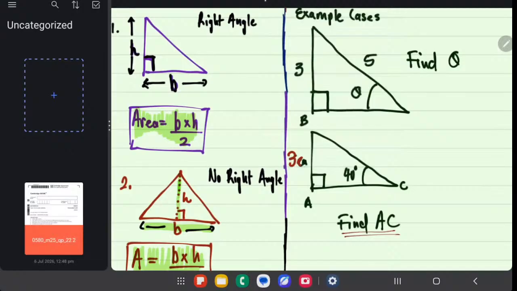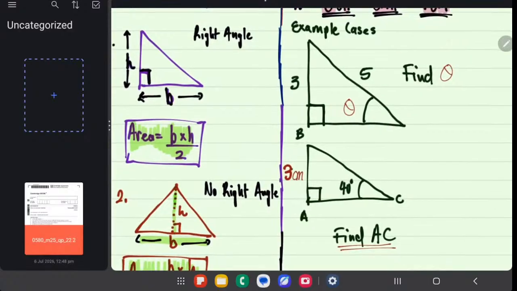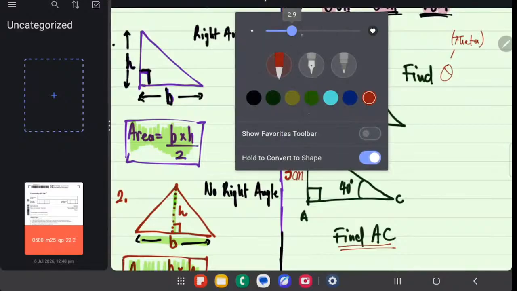Find theta. This one. Oh, okay, okay. Theta. Find theta. So, look at it.